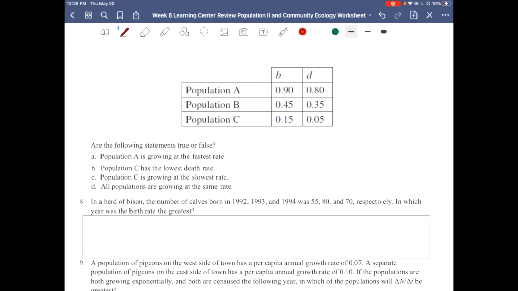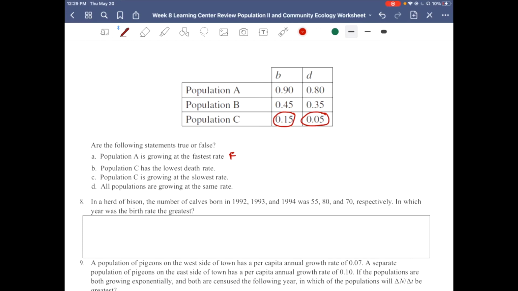So first, we're going to be looking at true or false statements. So this one is saying population A is growing at the fastest rate. And this one would be false because we can tell that the birth rate and the death rate is almost like 10 off in population A and similar to B, but C, we have a lot more birth and a lot more death.